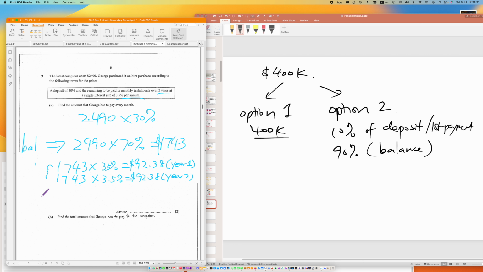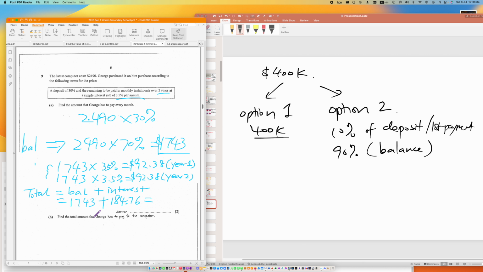Yeah. So therefore the total you have to pay is actually the balance plus the interest. The balance is this. The interest is these two added up. Can you help me out? $184.76.